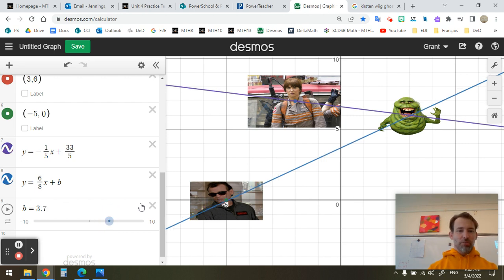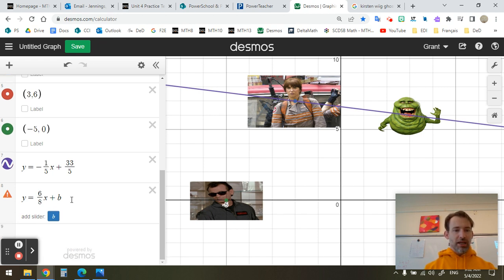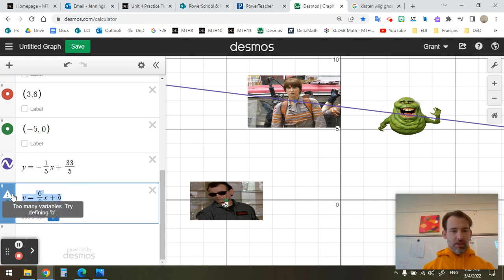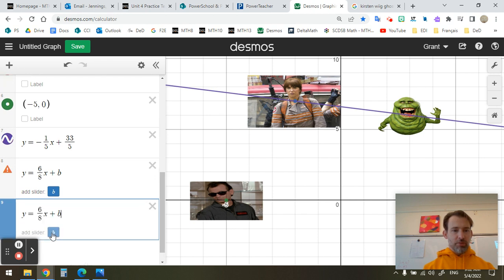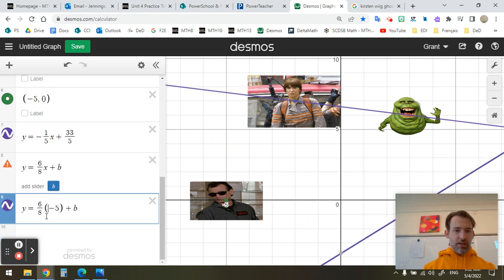Now, let's algebraically find that. I don't know b yet, but I do know that this point, -5, 0, is going to be fairly easy to work with. So let's copy this and put it down here, and we're going to input -5, 0. X is -5, so I'm going to put brackets -5 here, and when x is -5, y is 0 for this line.